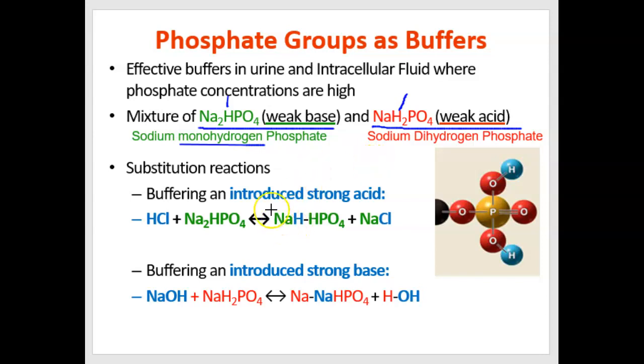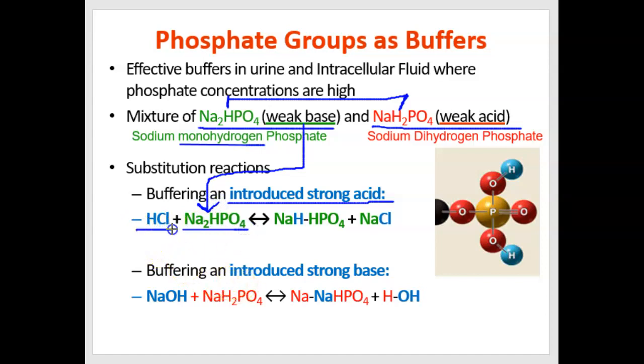So let's say that a strong acid is introduced into this buffering system. And remember, the buffering system contains both the weak base and the weak acid. But if you introduce a strong acid, what's going to be used is this weak base. And so here's the weak base down here, sodium monohydrogen phosphate.